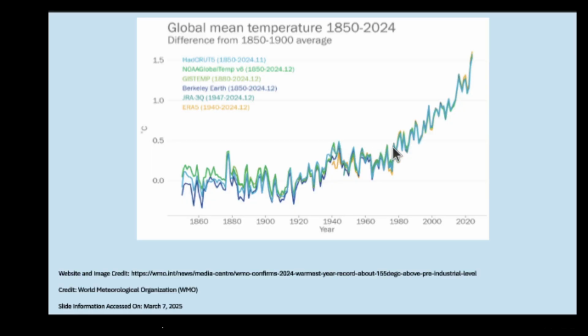Between 1940 and about 1980 was a leveling out of the amount of temperature change. It pretty much leveled off for about those 40 years or so. What happened then is that in those years there was substantially more coal being used to produce energy. And coal, besides emitting greenhouse gases like carbon dioxide into the atmosphere, also emits another gas called sulfur dioxide. That gas combines in chemical reactions with certain compounds in the atmosphere.